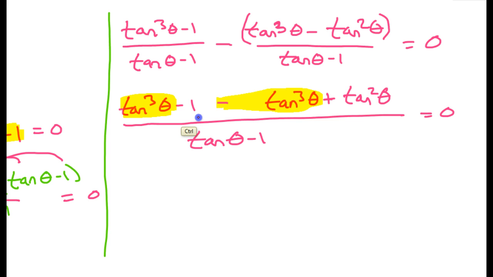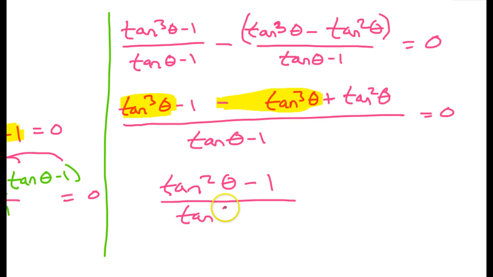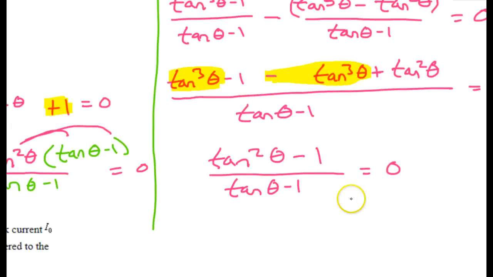So that leaves me with negative 1 plus tangent squared theta. I think it would be more fun to write that as tangent squared theta minus 1, though. Alright, so I'm going to do that. And then that is over tangent theta minus 1. And all this equals 0.